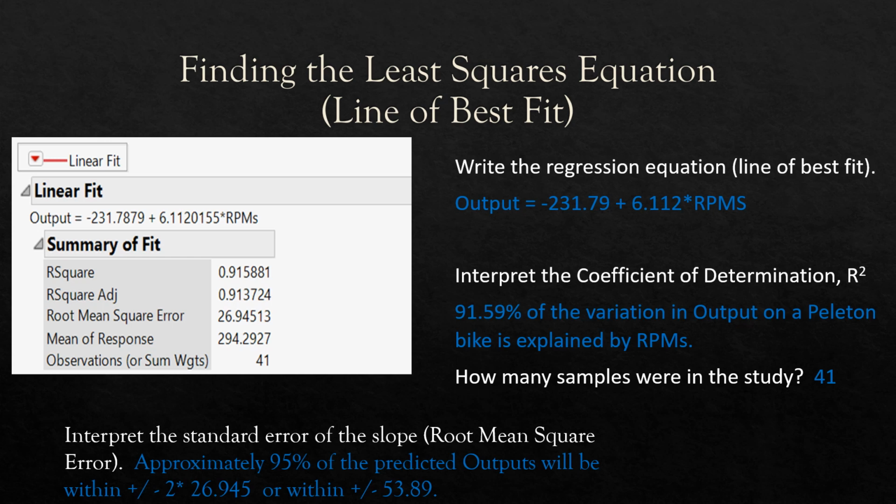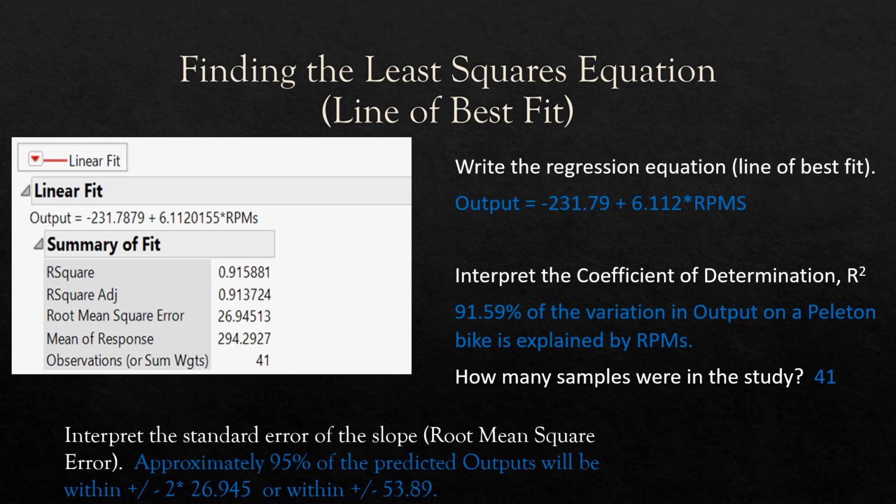Then we interpret it as 91.59% of the variation in output on a Peloton is explained by RPMs. Then we can look and see how many samples were in the study. That's under observations. And there were 41 riders and bikes in the study.